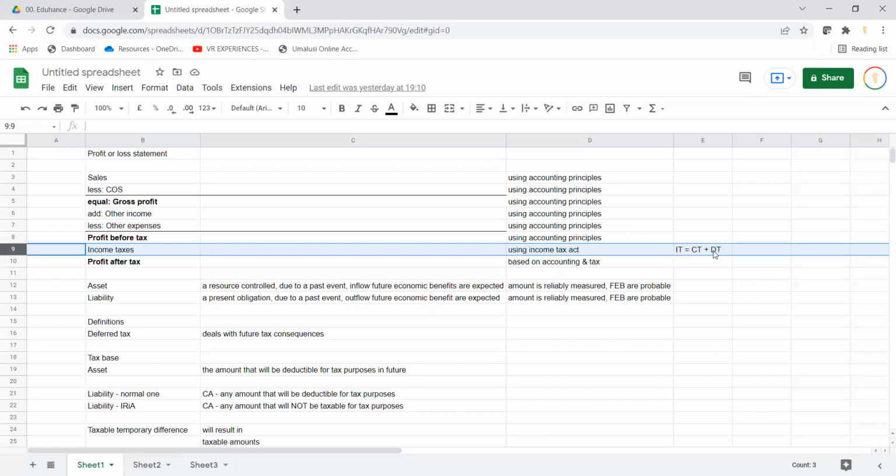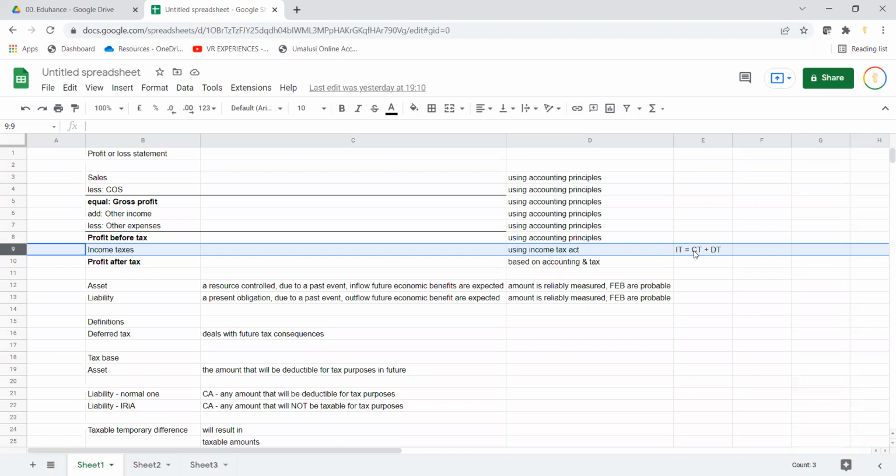Now, future tax or future tax consequences is an accounting concept. Deferred tax is an accounting concept. Current tax, that is a tax authority concept. Okay, so for our purposes in South Africa, our tax authority is SARS, and the way we determine tax is in terms of the tax acts.